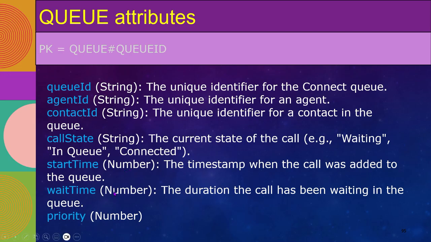This is the wait time, the duration the call has been waiting, a number. And this is a priority of the queue. So English could be higher priority than Spanish, and a Spanish call could still redirect at a higher priority to the English queue, and if a lower priority is Spanish, then it would default to the Spanish queue. But these are things you have to think about.